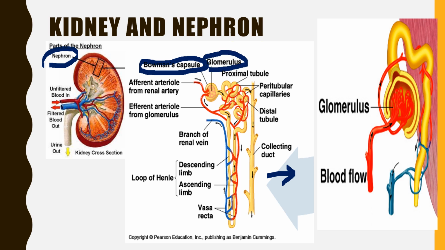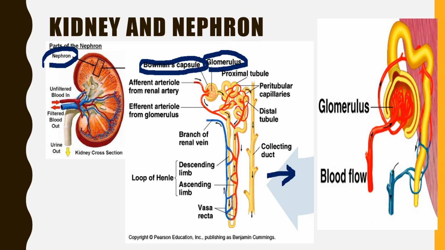The glomerulus brings blood into the nephron and retains the blood cells, and the remaining contents are passed on to the tubular structure of the nephron. In the tubular structure, glucose, amino acids, salts, and water are reabsorbed.